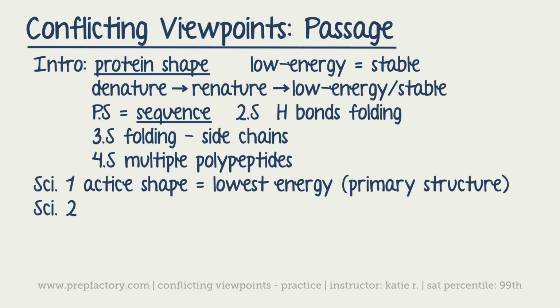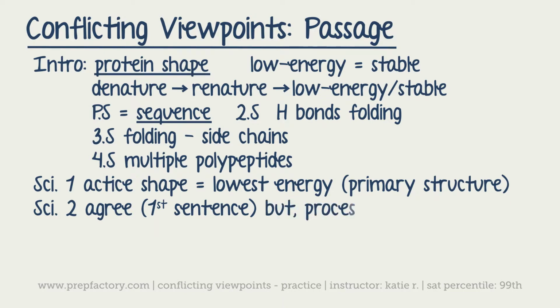Okay, so off the bat, the first sentence is something that they agree on. That's pretty cool, so I might write down "agree" next to that first sentence. By saying that the active shape is dependent on primary structure, that's active shape equals lowest energy, which is dependent on primary structure, is what we wrote in our little map for Scientist 1. But he has a different idea as well, which is that it's also dependent on the process of synthesis.